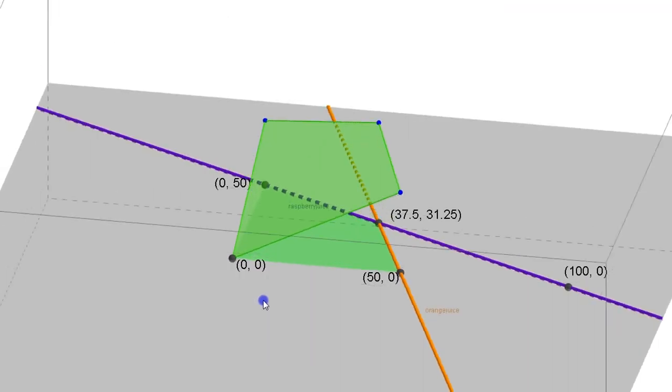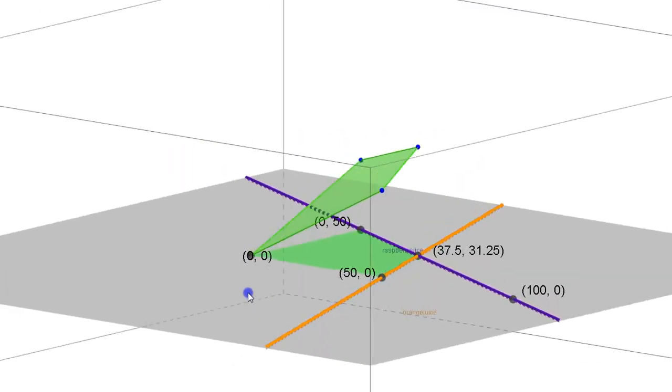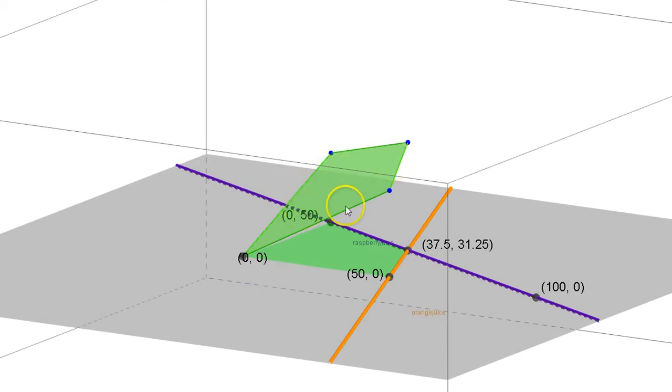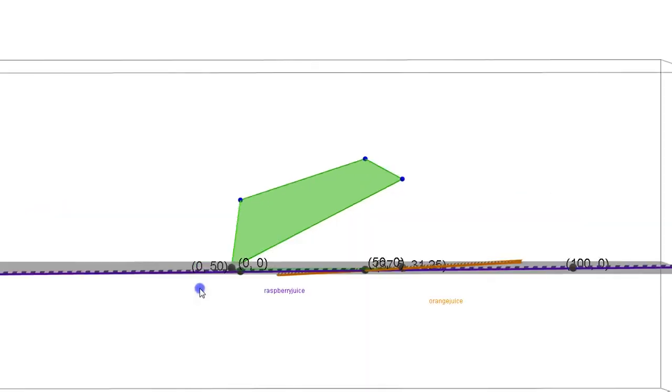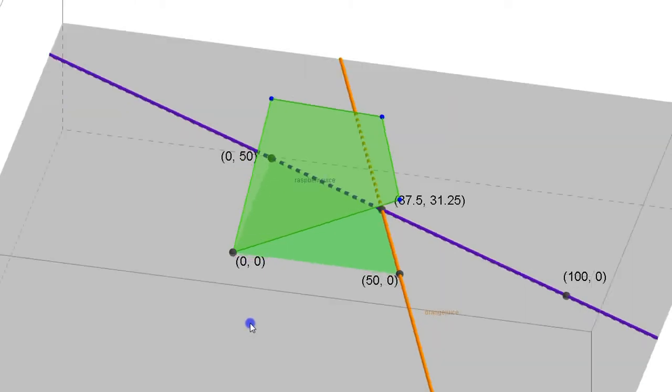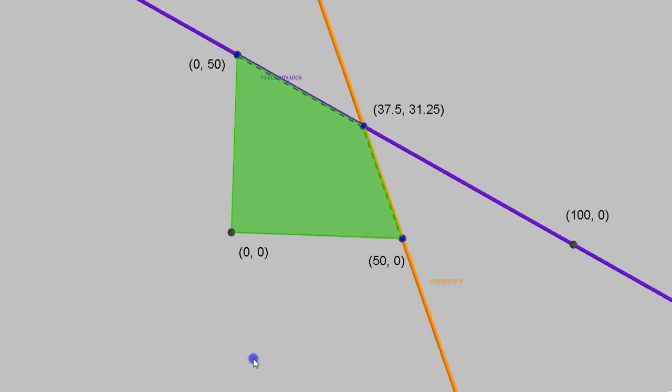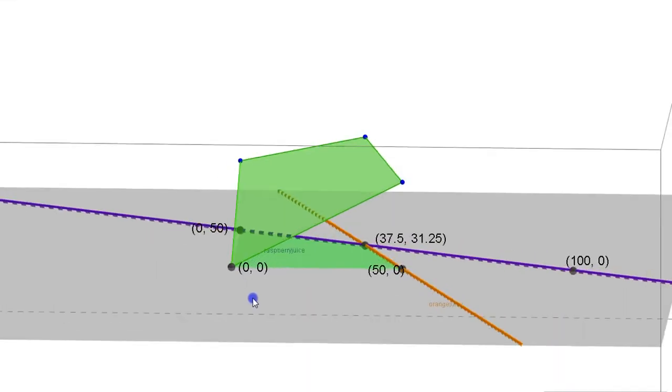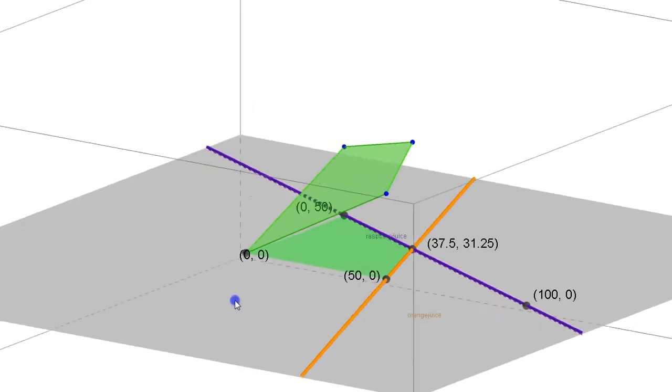But when I come up and start tilting it, you can realize that, aha, this is really what it looks like. The z-coordinate is the profit that it makes, right? So it's actually this quadrilateral that's kind of tilted up in 3-dimensional space. What we were looking at, that sort of weird trapezoid shape, that was just the shadow. So in reality, it's up like this. So we want to know what's the high point.